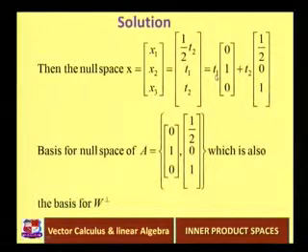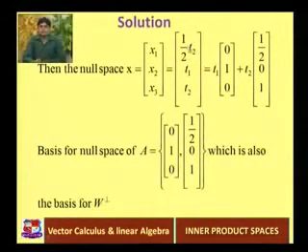Taking t1 common, the coefficient matrix is [0 1 0], plus t2 times [1/2 0 1]. Students note that the coefficient of t1 is [0 1 0] and the coefficient of t2 is [1/2 0 1].